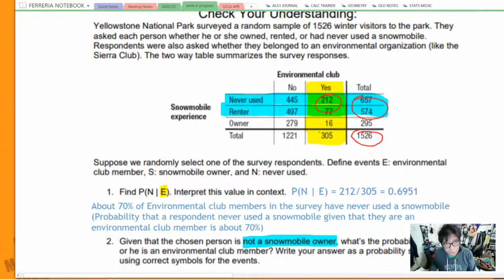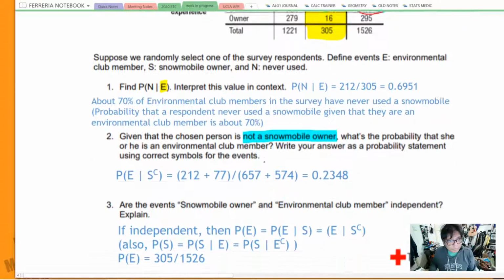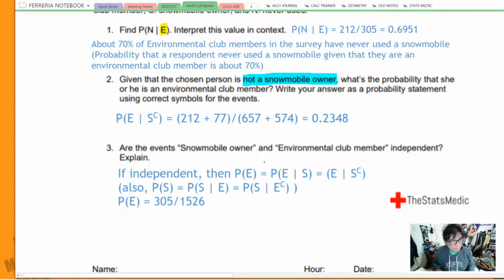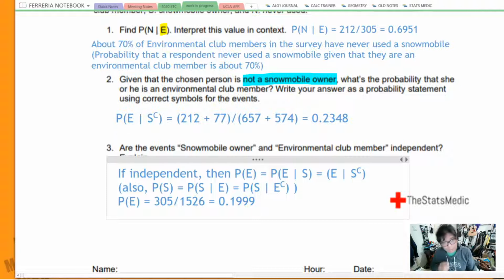And if they're equal, then we have independence. So over here we've got 305 out of 1526. That's equal to about 20%. Let's copy the results from the previous work we did.